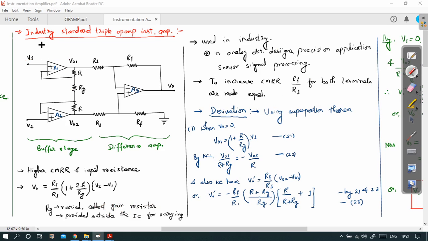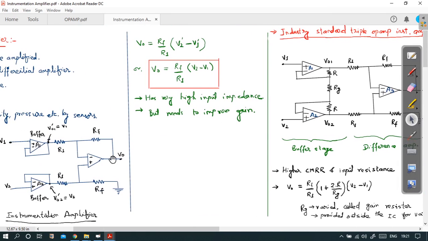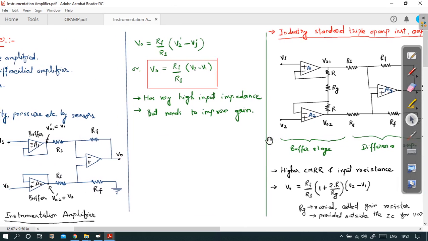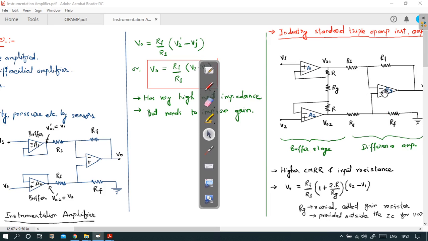So let's see one industry standard triple op-amp instrumentation amplifier, and you should compare this circuit with the previous one. Look here, it is again using three op-amps.